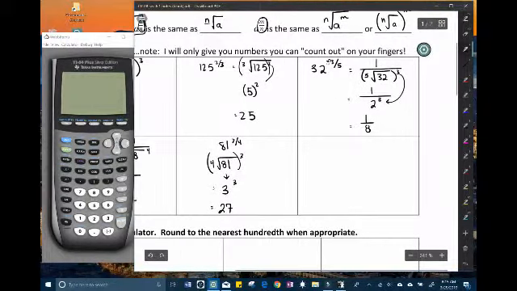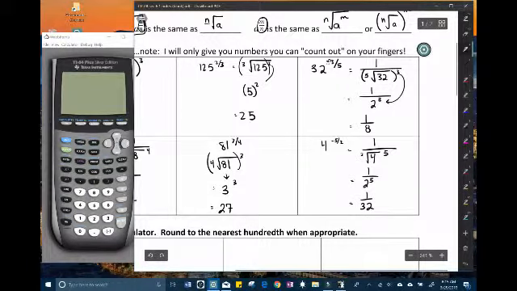And lastly here, let's do 4 to the negative 5 halves. Negative means fraction, so 1 over the square root of 4 to the 5th is 1 over 2 to the 5th, which is 1 over 32.